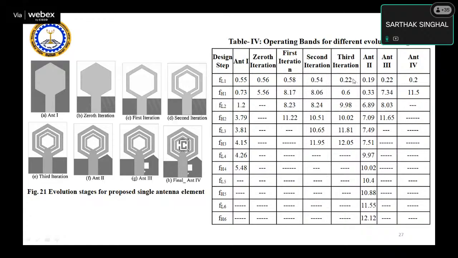Then we went for the third iteration. After the introduction of the third ring, the lower frequency shifted significantly to 0.22 from 0.54. I think there is some error in this. At the last, we got a bandwidth of 0.2 to 11.5 terahertz, that is 11.3 terahertz is achieved.